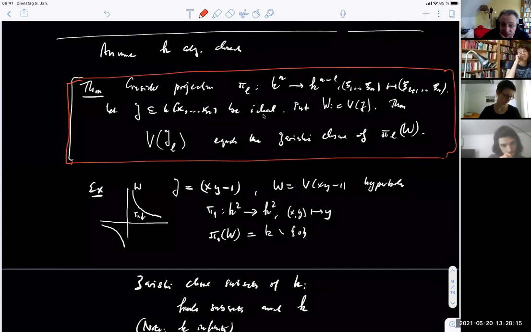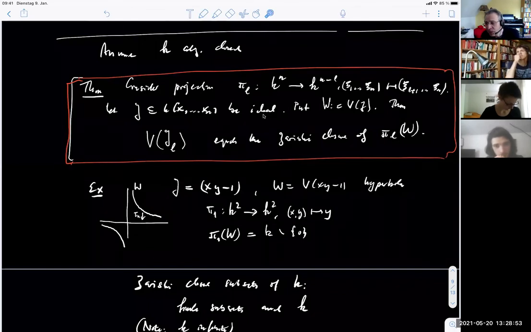We see already in this very simple example that the image in general is not even Zariski closed. So the image will not be the zero set of a polynomial system. But then we look at the Zariski closure, the smallest set containing the image, which is a zero set of polynomials. And we want to compute polynomials describing this image. How can we do that? This is the task. Now, you see, in the theorem, the map looks very special. It's just a projection map.